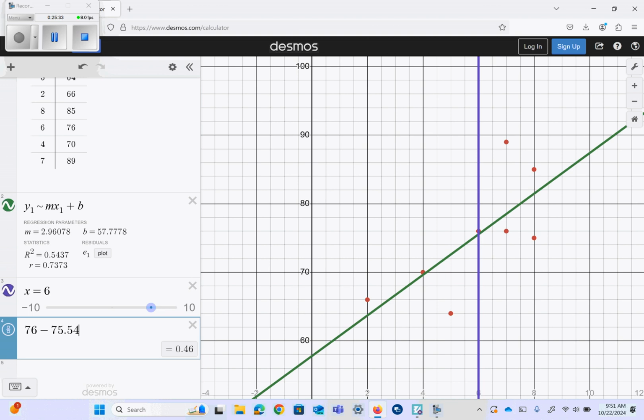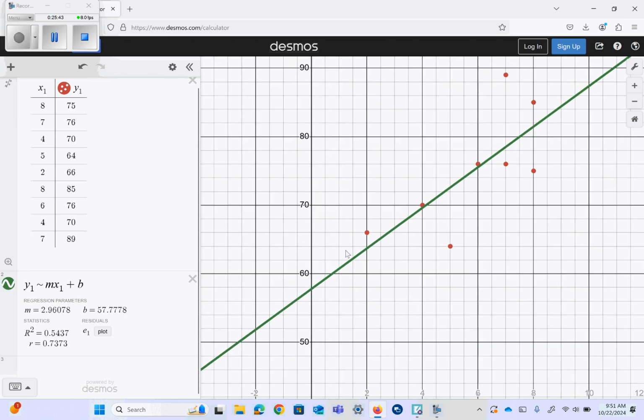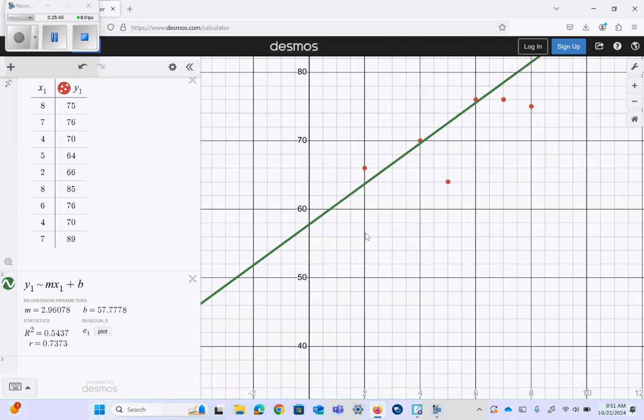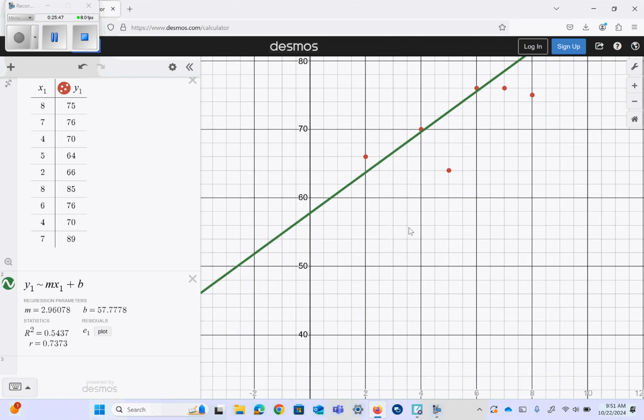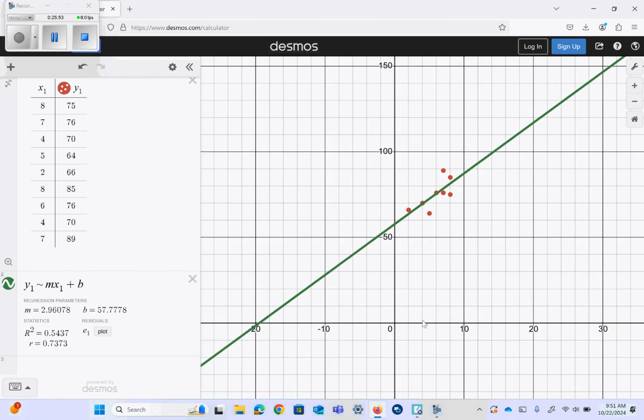Now, one thing I wanted to show you that also takes place, let me get rid of a couple of things here. Let me get rid of these two things. And I'm going to move this up a smidge. I want to get down to here.